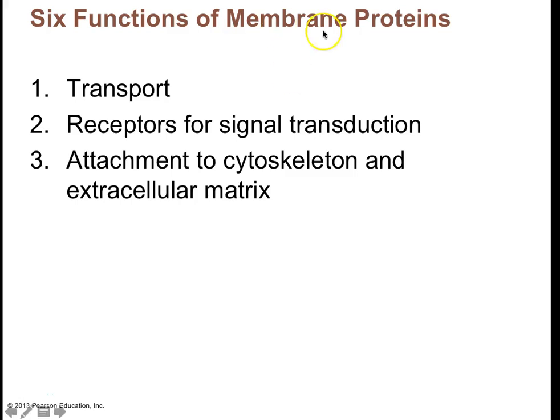The third function of membrane proteins, you can have proteins that would actually be in the membrane and attach to the cytoskeleton, and that would preserve the integrity of the shape of the cell. And sometimes you have extracellular matrix. These are proteins made by fibroblasts, usually connective tissue cells, like collagen.